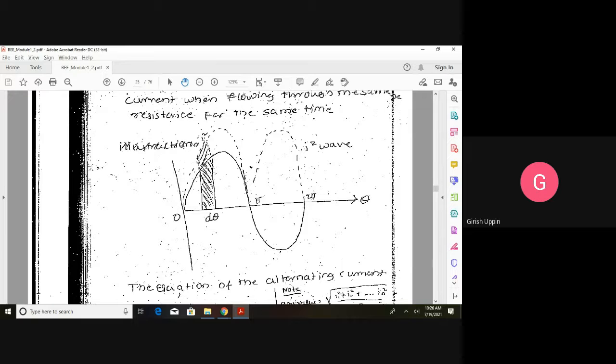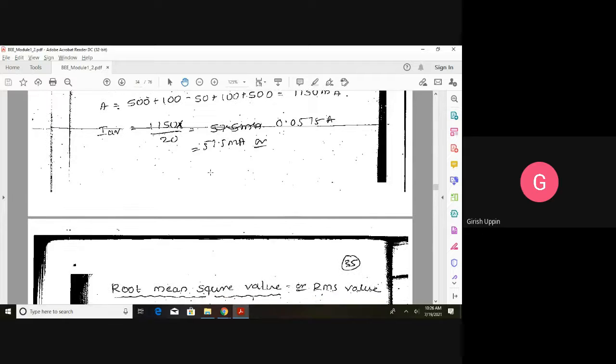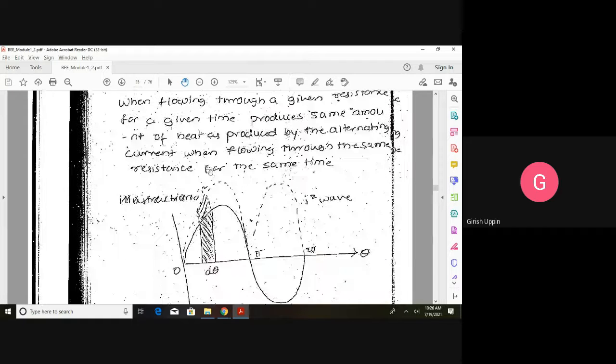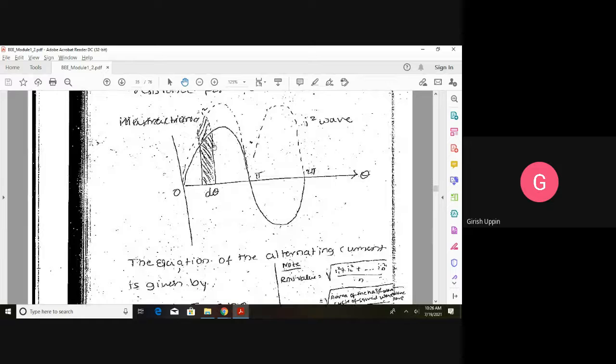It is a rectangle, so one side is I square and the other side is d theta. The area of this strip is I square d theta. The total area for the half cycle is the integral of I square d theta from 0 to pi.